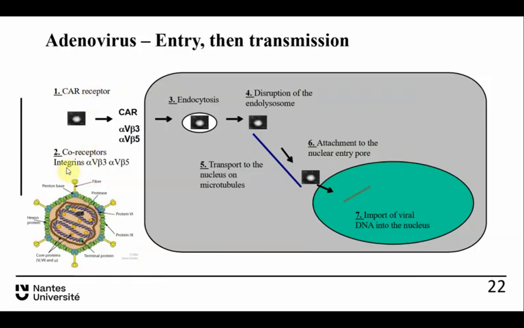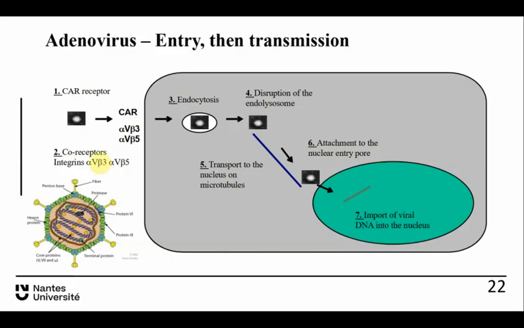That's the first step. Second step, there's got to be an interaction between the co-receptors, which are integrins, with the pentons down here. So it's probably the co-receptor distribution that determines the tissue tropism of these viruses, because you need both things to be present on a susceptible cell.